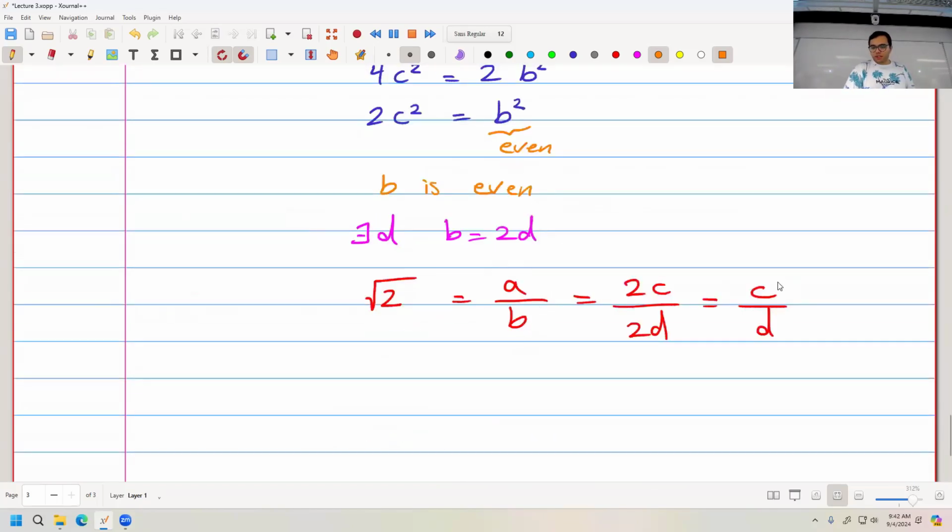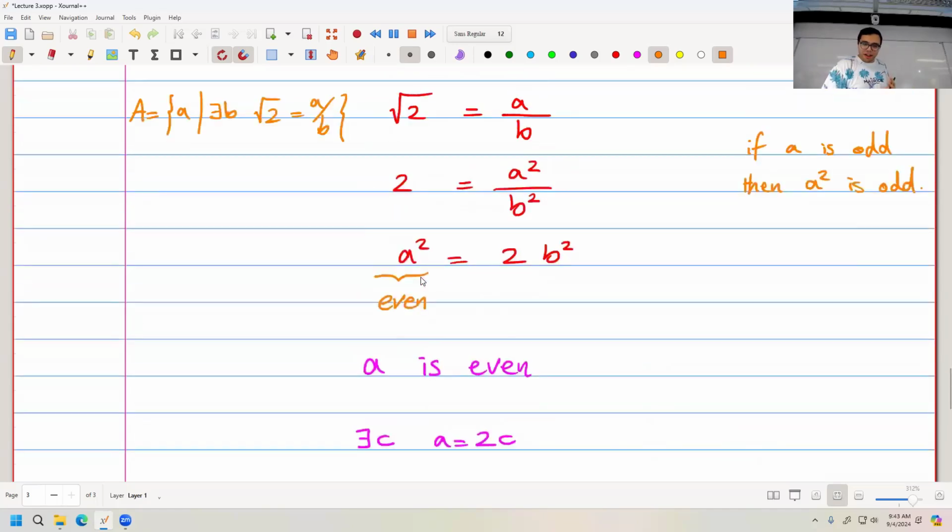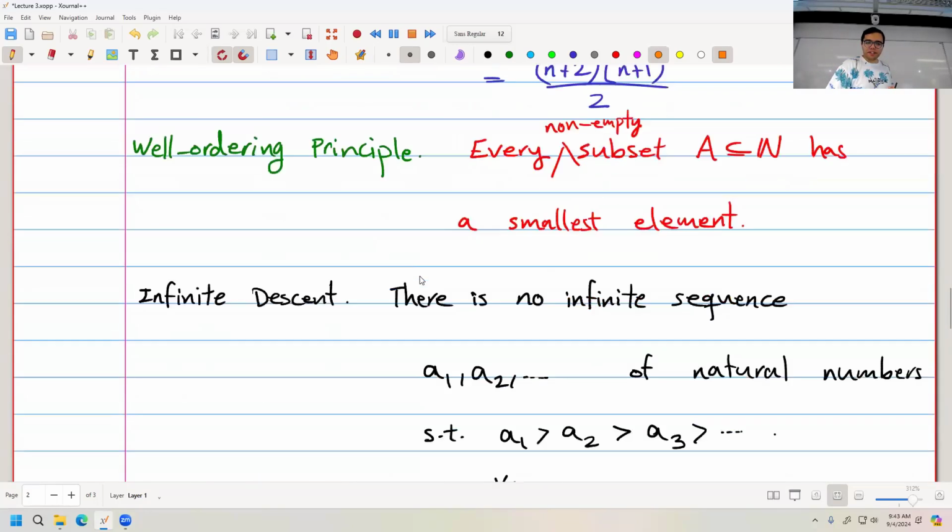But then this gives me a way of writing it with an even smaller numerator. But this is a contradiction because my original A was supposed to be the smallest possible numerator. And now I have C, which is even smaller. Okay. So I hope that by this example, you see that these two are saying the same thing.